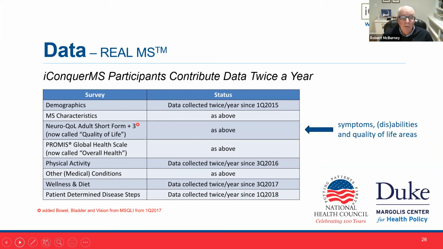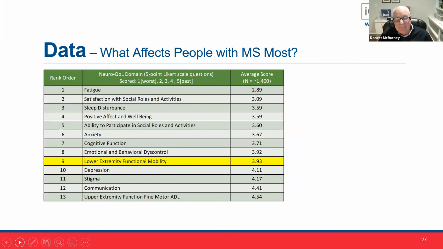I'd like to talk about the NeuroQual adult short form data in the next slide. And this perhaps, could I have the next slide, please? And this perhaps highlights the value of a registry. So when you take a questionnaire about symptoms, abilities, and quality of life, which is what the NeuroQual adult short form is about, it contains 13 different domains, each with 8 questions or so per domain.